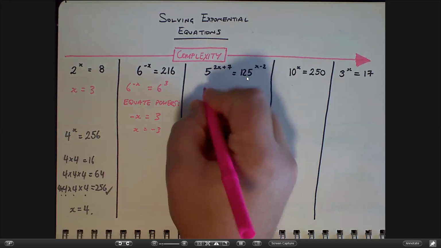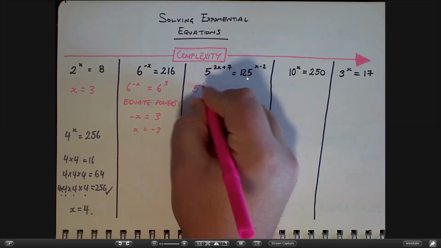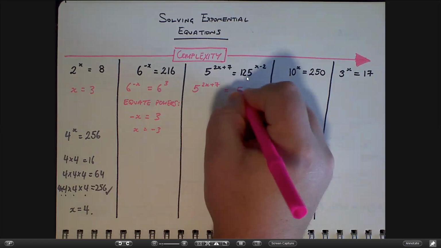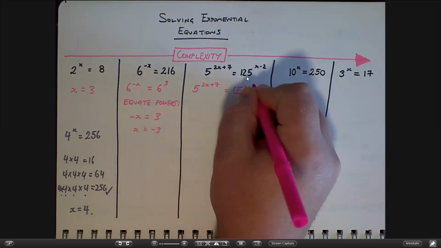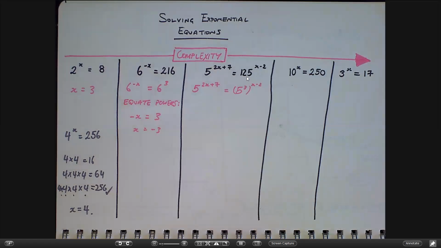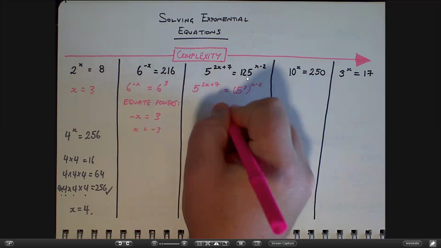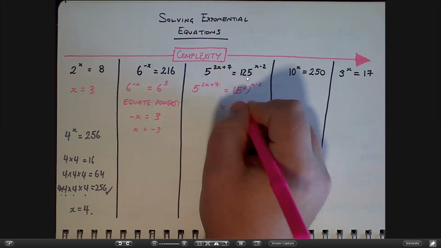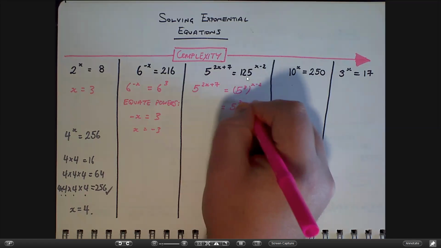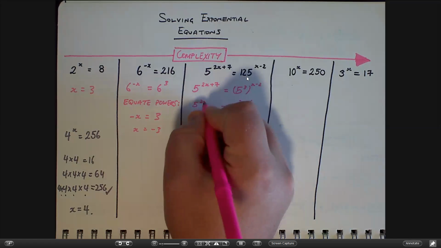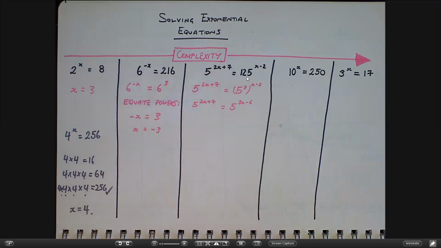So I'm just going to leave the left-hand side, 2x plus 7, equal to 5 cubed, to the power x minus 2. At this point, you're going to have to use your index laws. We've got a power raised to another power, so we multiply the powers. So we get 5 to the power of 3x minus 6 on this side, and 5 to the 2x plus 7 on this side. And what do we do? We just equate powers.